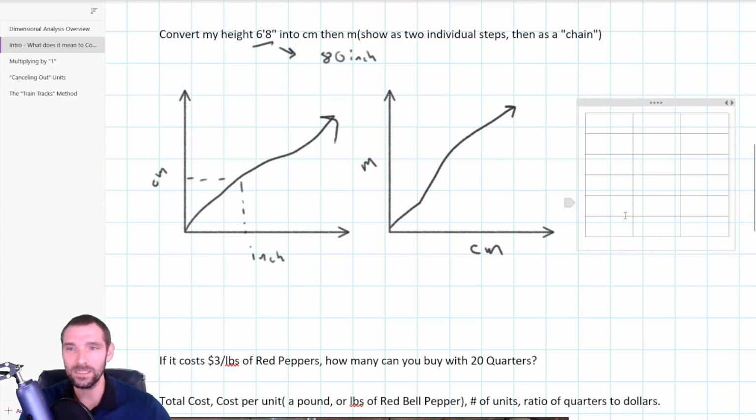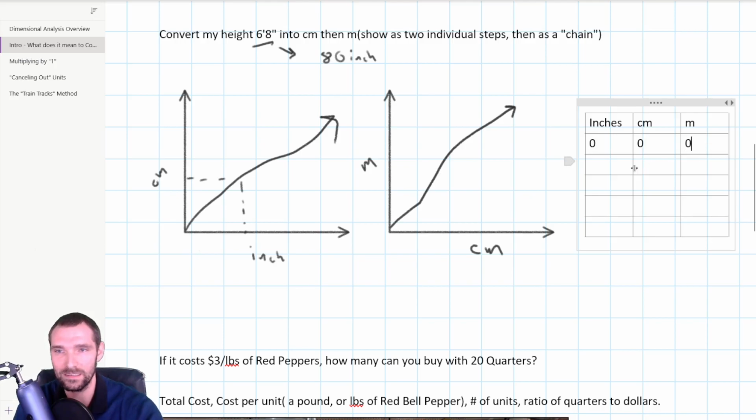So let's start with our inches, and then we're going to go to centimeters, and then we're going to go to meters. And keep that lowercase, that's not how you write centimeters. So we know that at 0 inches, it's 0 for all of that. Now, the conversion factor: if you have 1 inch, that should be 2.54 centimeters.